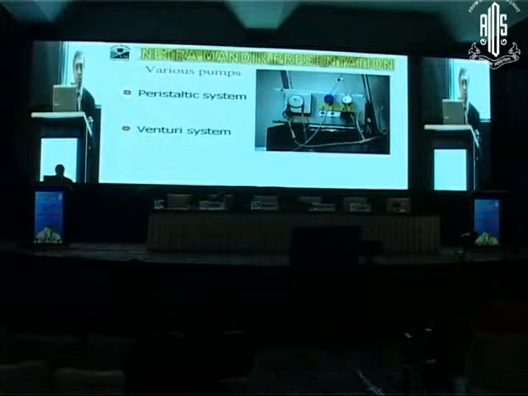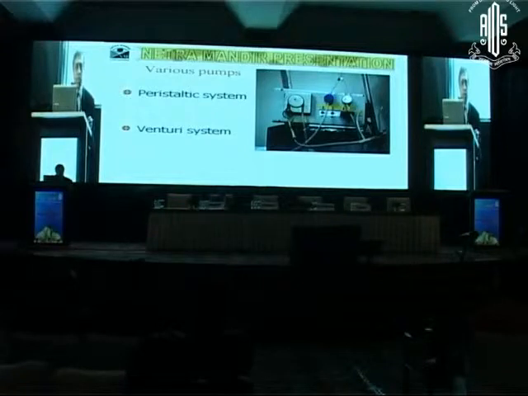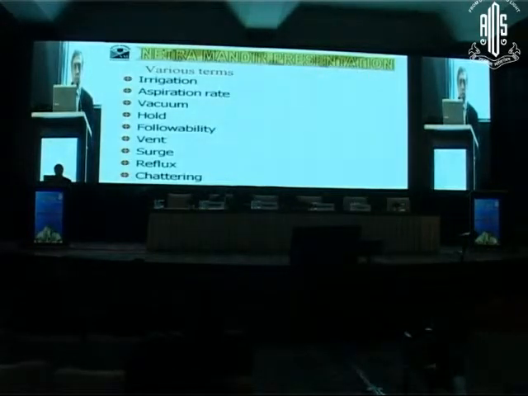However, in the venturi system, there is always a pre-existing vacuum, and hence things seem to work relatively a little faster with the venturi system. But in my experience of the last 20 years or so, I would say once you are trained, it doesn't really make a big difference with today's modern machines.